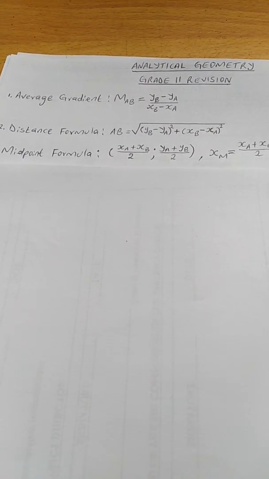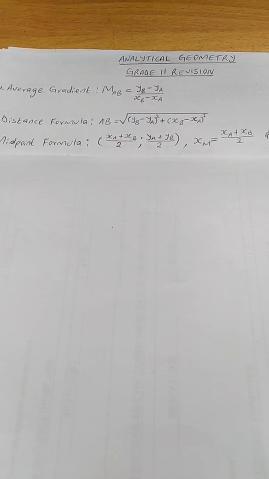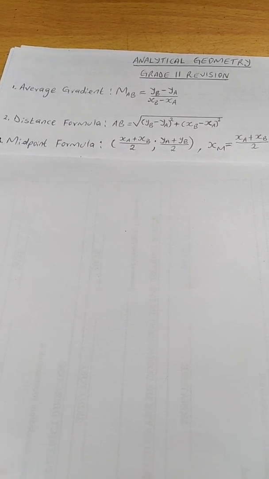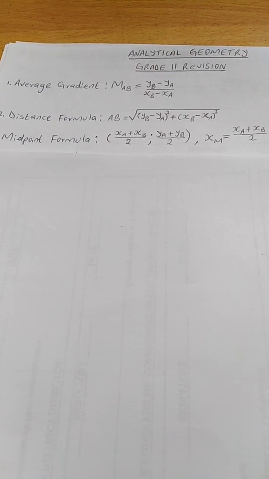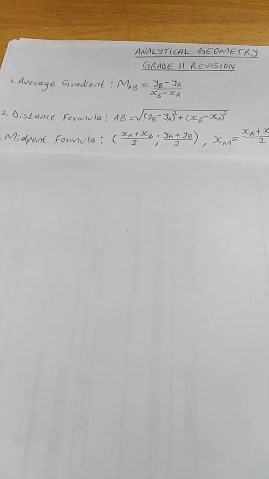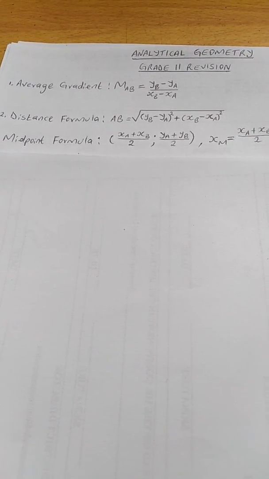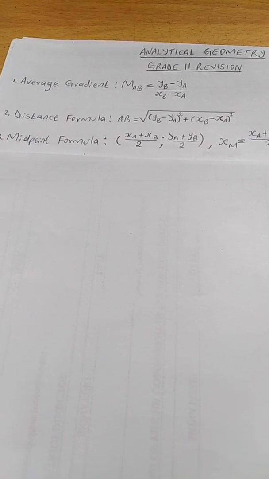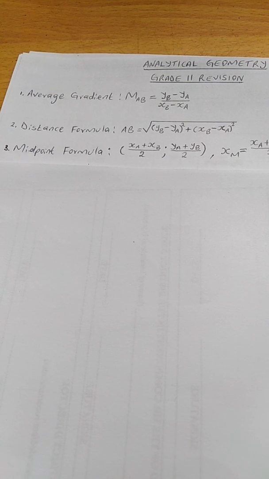For number 3, we talked about the midpoint formula. We said if we want to find the midpoint between 2 points, it's half of the sum of the x values and half of the sum of the y values. Remember that the midpoint has to be written as coordinates because it's a point.